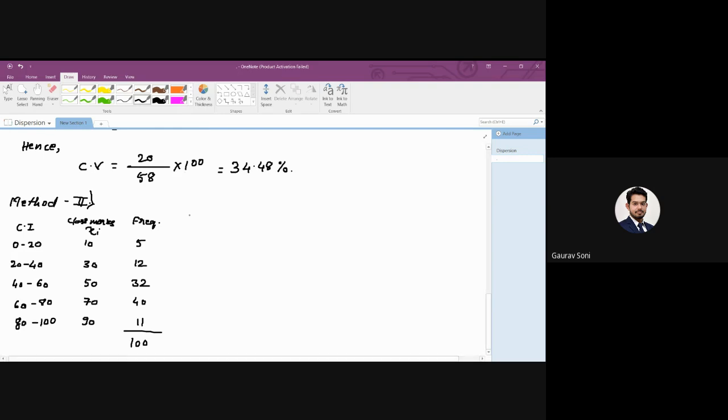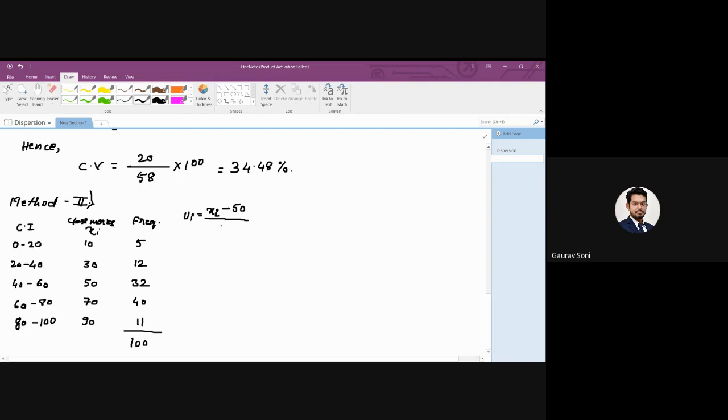So in order to make it simple, I will define ui as xi minus 50, the middle most observation, divided by whichever you feel makes it easier. 10 minus 50 will be minus 40, 30 minus 50 will be minus 20, 50 minus 50 is 0.